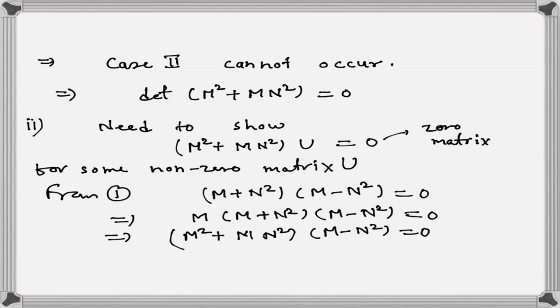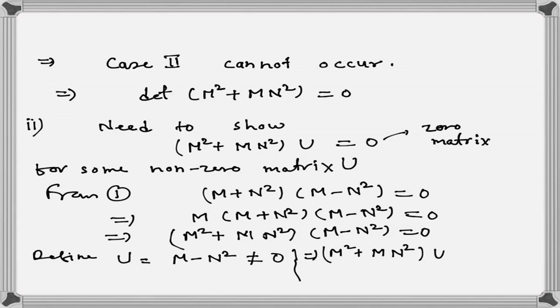Then define U, that non-zero matrix, as m minus n square, which is not equal to 0 from the hypothesis of the question. This implies m square plus mn square U is equal to 0 matrix. So this is what we had to prove.